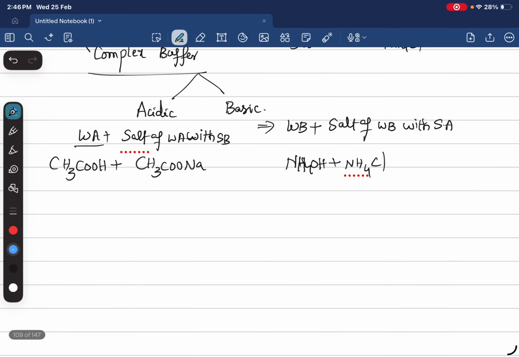Now how does the buffer action take place? Suppose you take CH3COOH. For this, if you add a little amount of acid, we can write the mechanism of buffer action.